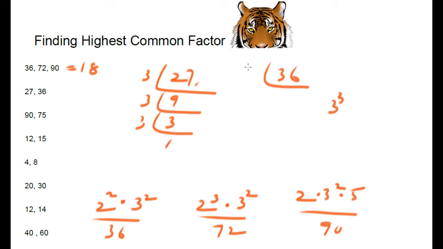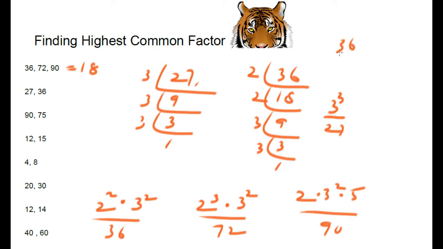Prime factors of 36: 2 times 18 is 36, 2 times 9 is 18, 3 times 3 is 9, and 3 times 1 is 3. So the prime factors of 36 are 2 to the power of 2 and 3 to the power of 2.